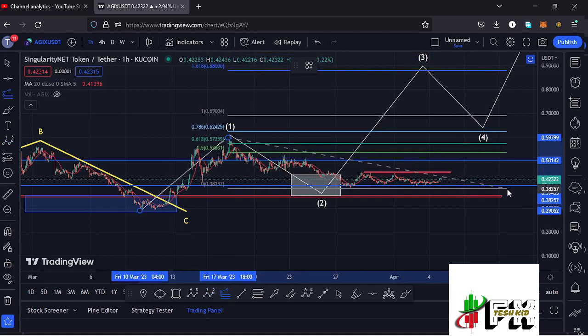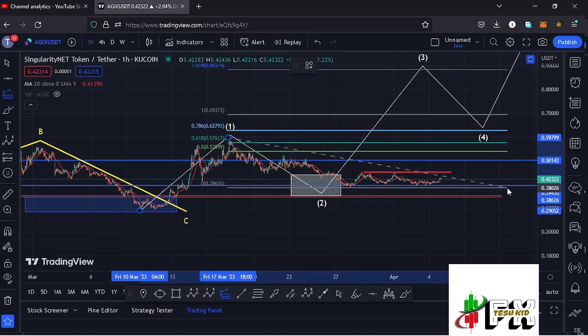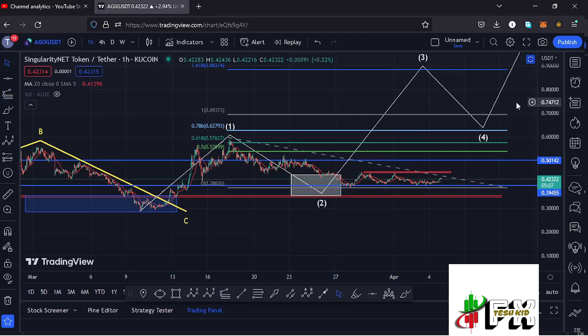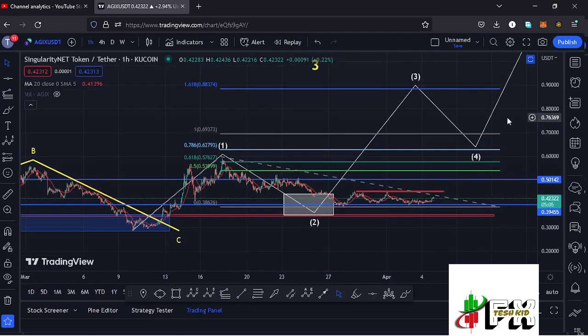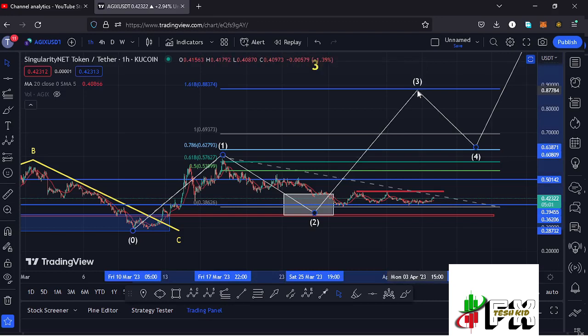That now gives me a target area in the formation of that wave 3 at the fib level 1.618, and that is at around the $0.88374 mark, and that is the minimum that I'm expecting this wave 3 to the upper side to do.